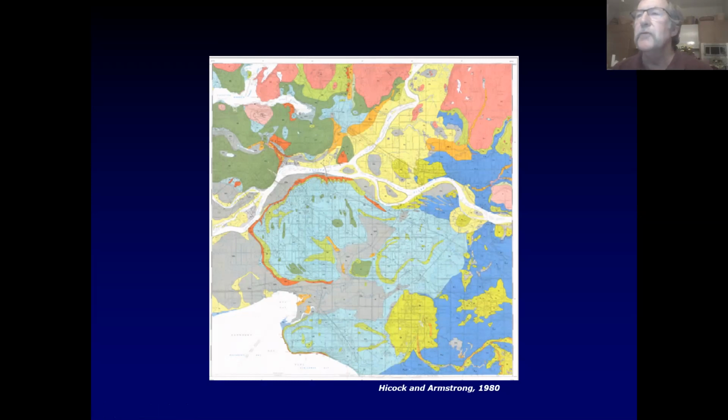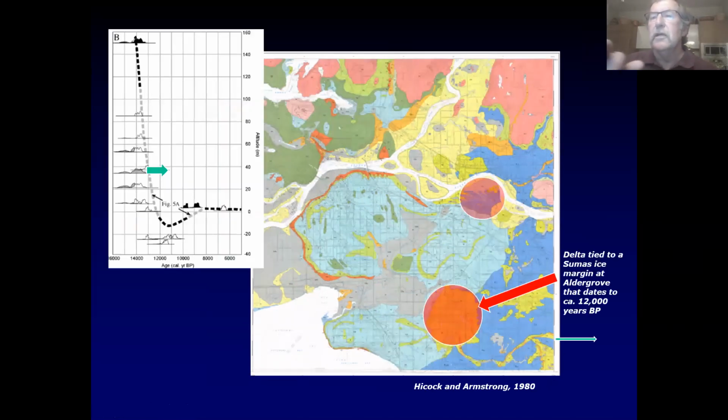And at Aldergrove, there was an ice margin at that time. So the ice margin connects that delta at a given sea level, 30 meters, to an ice margin that's been precisely dated, well, almost precisely dated to 12,000 years ago. So this delta is slightly higher than the Fort Langley delta that I just spoke to, and likely formed a little earlier.